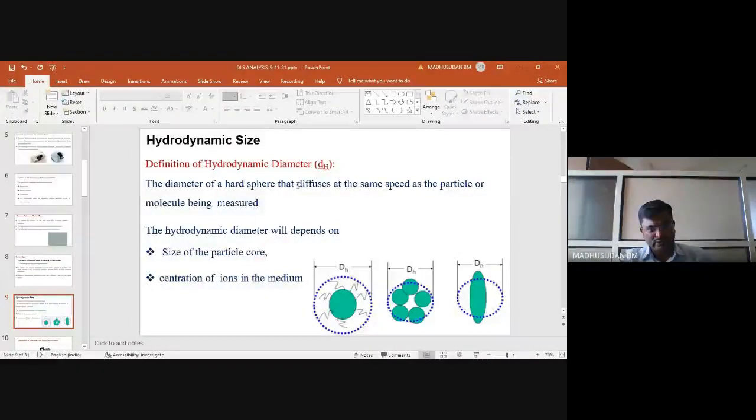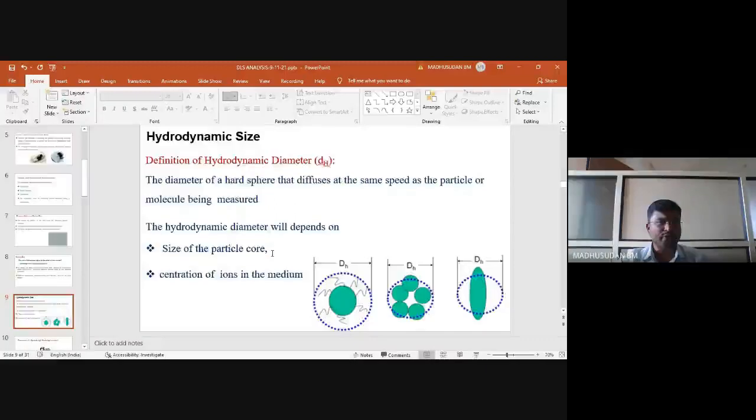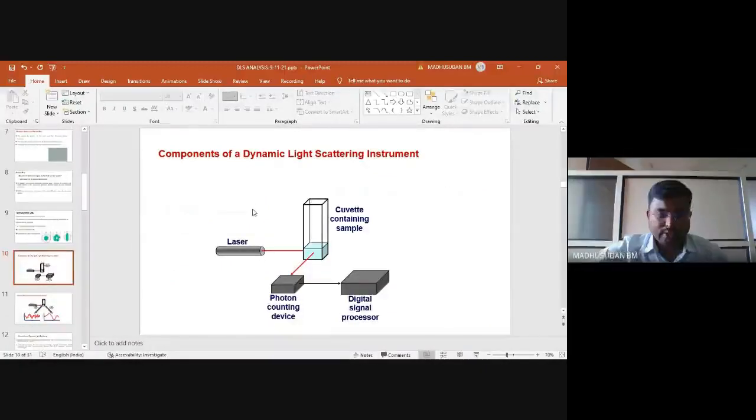So with the help of this technique, by considering the size of the particle core and also the concentration of ions around the particle, the particle may have an irregular shape, but it has an ionic concentration around it. They will consider that as the hydrodynamic diameter. The equipment considers all such parameters: the core, the surface area, and the ionic concentration, and that determines the particle size as a diameter.